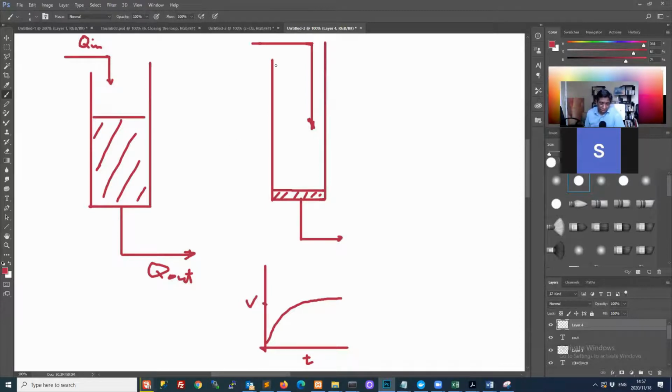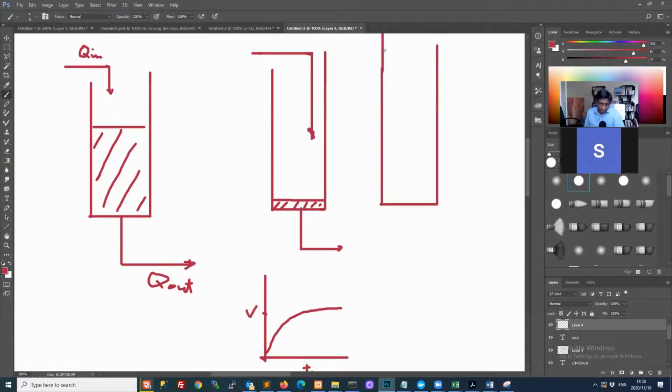Let's say we started at a very high volume in that reactor. So maybe the thing was much bigger then, and so you started out with a very high volume, right?